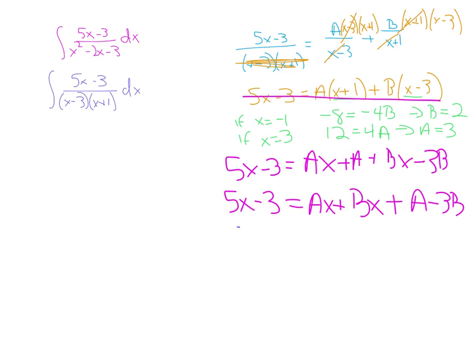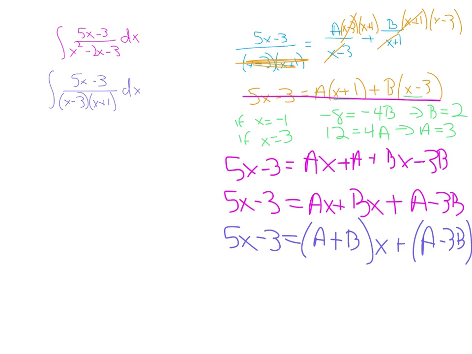Now let's group things up: 5x minus 3 equals (A plus B)x plus (A minus 3B). Now, match things up. Your coefficient here has to match your coefficient here. So 5 equals A plus B, and negative 3 equals A minus 3B.